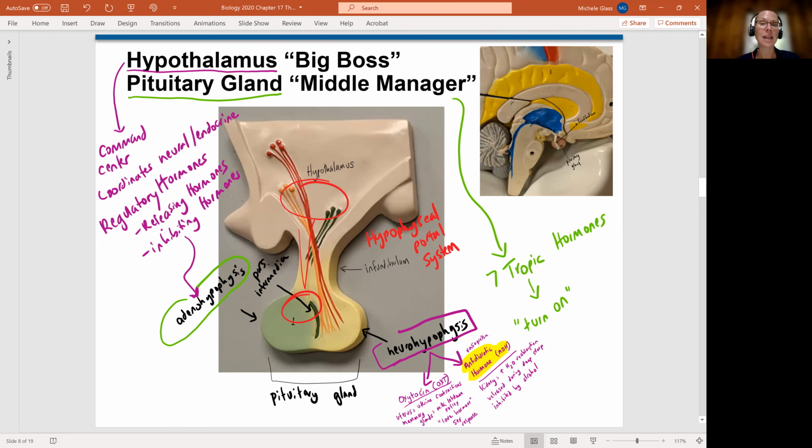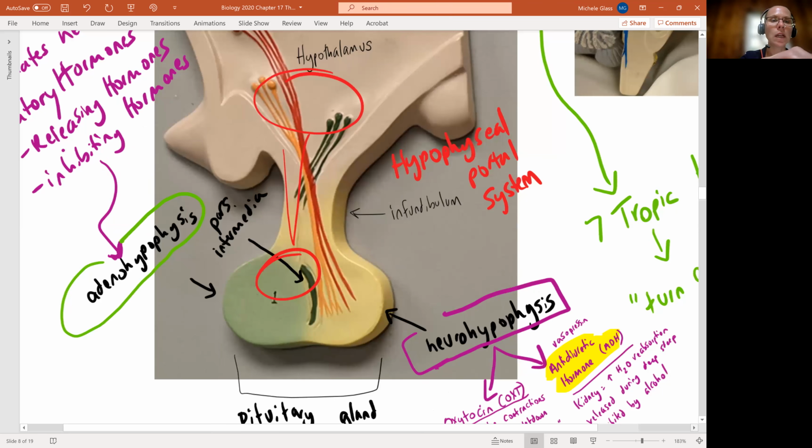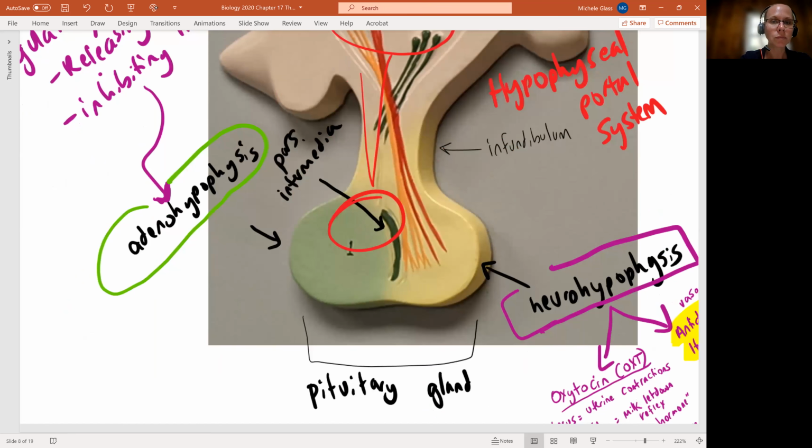And then we have this section of tissue in between that's referred to as the pars intermedia. And so actually this last hormone that I want to mention in this particular video is being produced specifically by the pars intermedia. And sometimes we'll see that it's listed as coming from the adenohypophysis when it's actually coming from the pars intermedia.